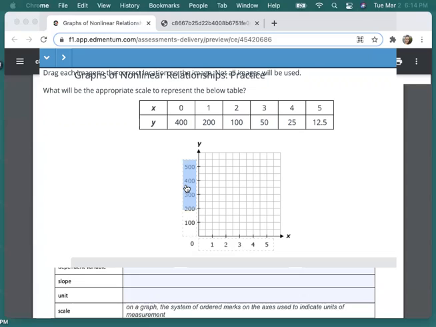So a good scale for that would be every 100, because we have to include both 400 and down to 0 basically. And there's 1, 2, 3, 4, 5 on the x-axis. So 1, 2, 3, 4, 5 up and down on the y-axis.